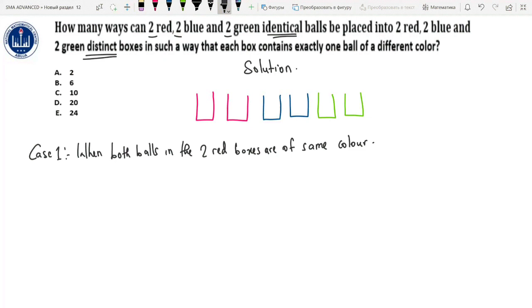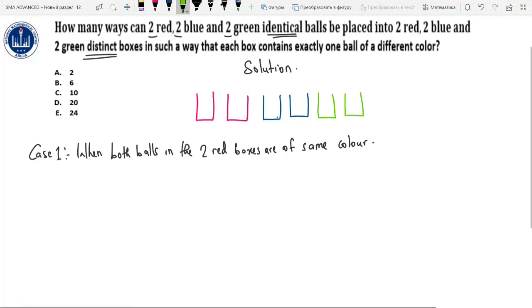And the other case is when they are of different colors. As I said, the numbers here are relatively small, so we just count them individually and get the answer. So now when both balls in the 2 red boxes are of the same color, what color can that be? Definitely it cannot be red. So it's either blue or green.